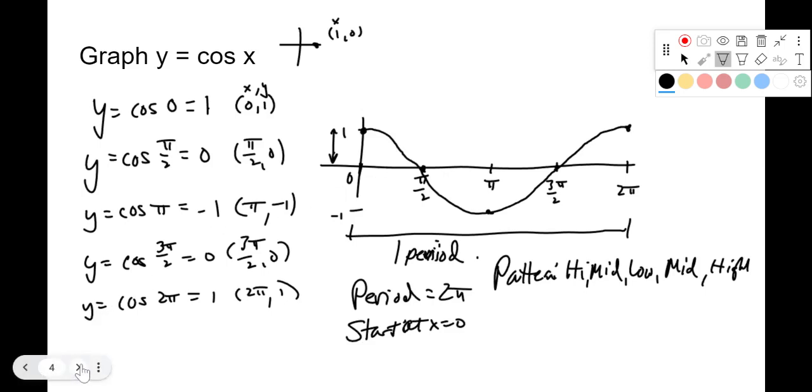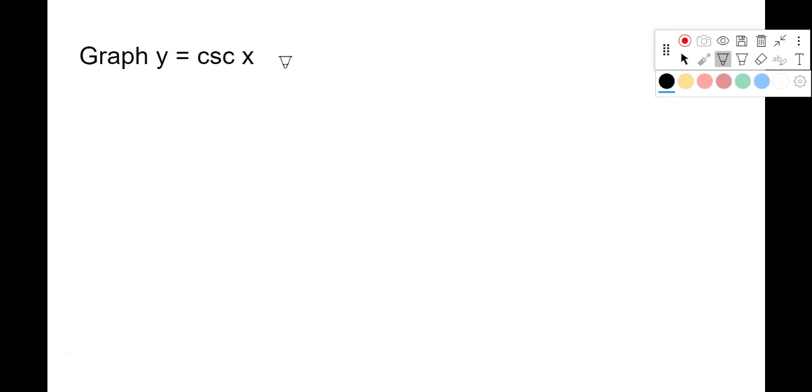So now, if you know how to graph sine and cosine, you actually almost know how to graph secant and cosecant. Okay, so here's how we're going to graph secant and cosecant. And this is actually how we're going to do it when we go and do the transformations.